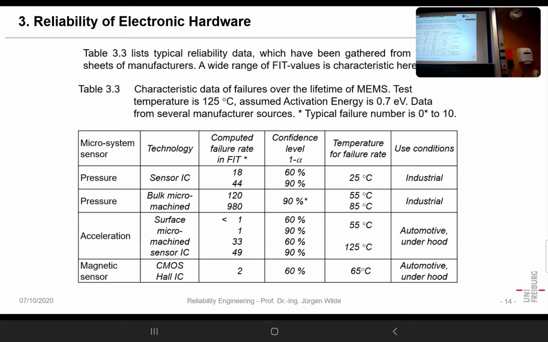But in fact, as you have no hard data of how it fails, or if it fails and when it fails, the values you compute here are relatively high.